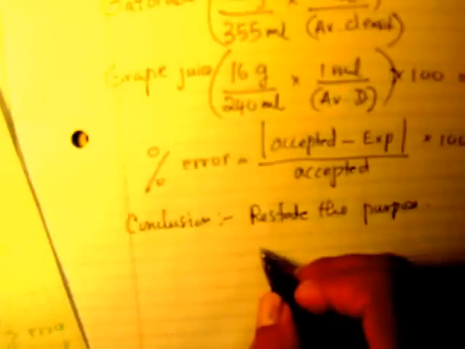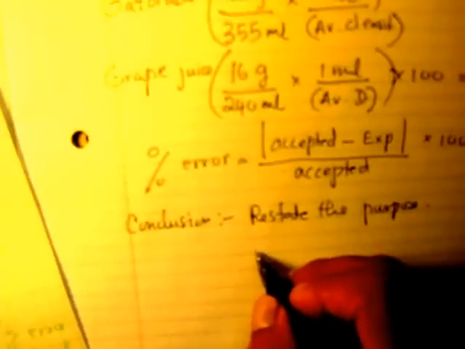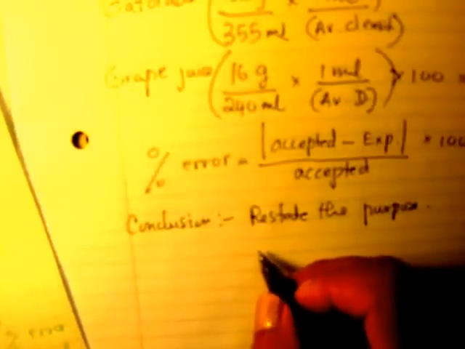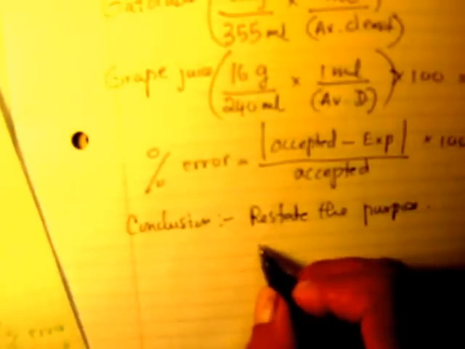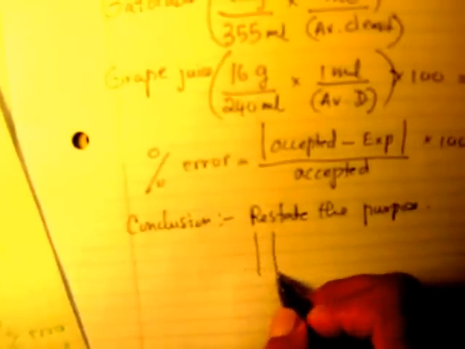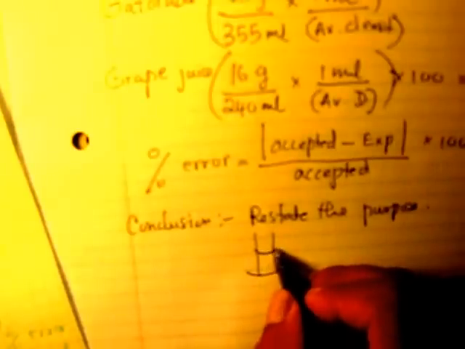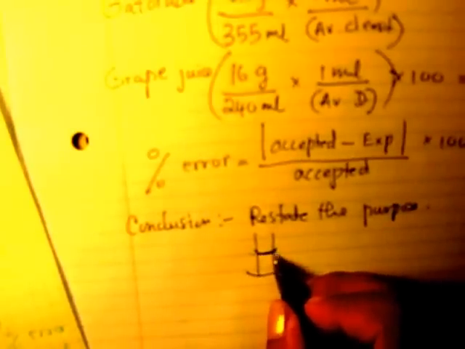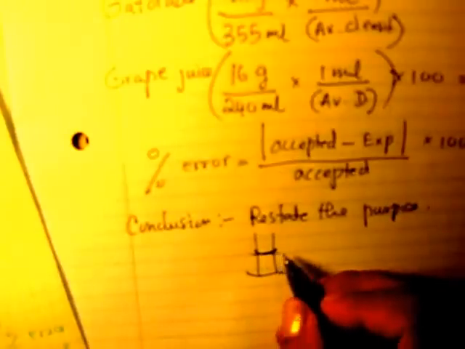And then you must include the errors or the mistakes you encountered in the experiment. For example, maybe you didn't read the volumes correctly. The meniscus has to be read correctly, and I noticed that some people did not.